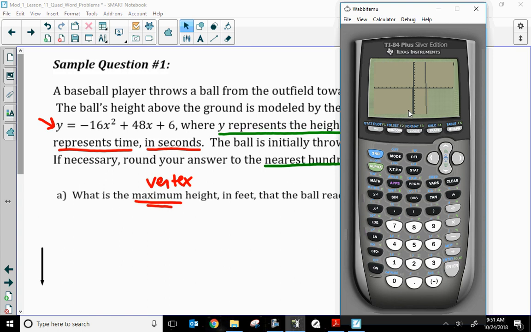And I don't see it, it looked like it went up and went way off here. So I'm going to go immediately to zoom fit. I know that's 0, but I'm going to still scroll down so you see it. And hit enter. And here we go up. So I see my max here, and I see a couple zeros here, and that's nice.